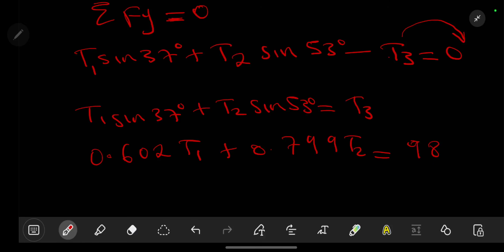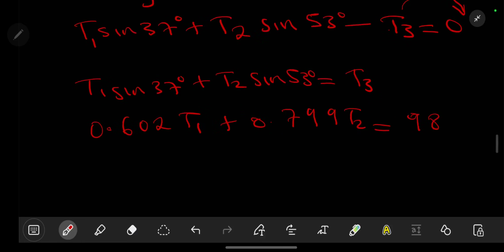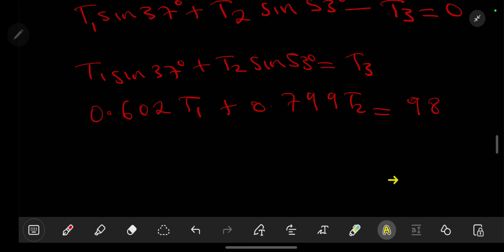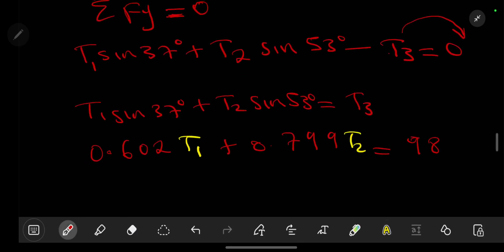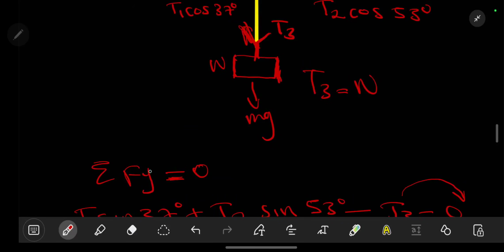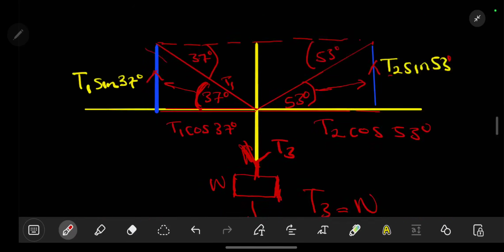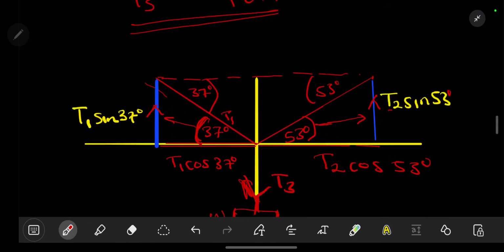We found it to be equal to 98 newtons. So we have two unknowns. In order for us to find the value of the two unknowns, we are going to call another equation. So now we have dealt with the summation of forces in the y. Now it is in static equilibrium, meaning to say it is not moving in all directions. So even in the x direction, we have the x direction like that.